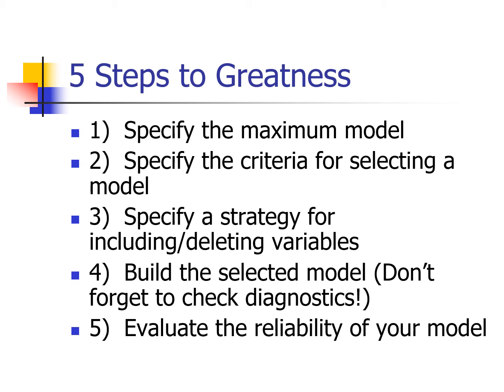Step 3, specify a strategy for including or deleting, removing variables. Step 4, build that selected model. And as part of that building process, don't forget your diagnostics that we talked about last week. And then finally, evaluate the reliability of your model.